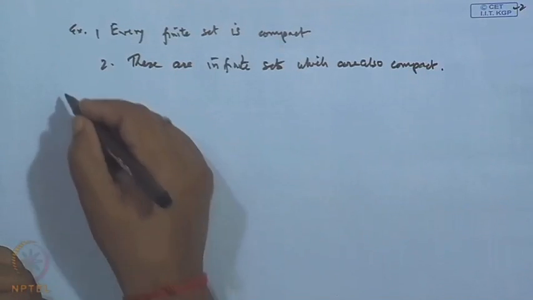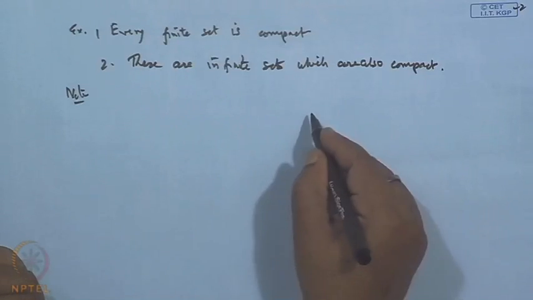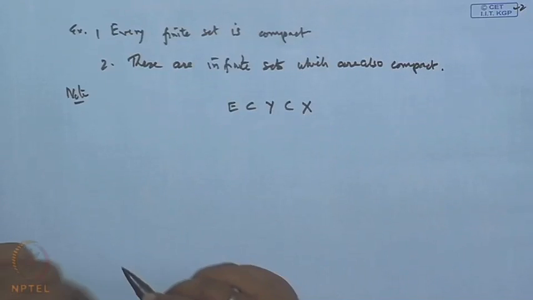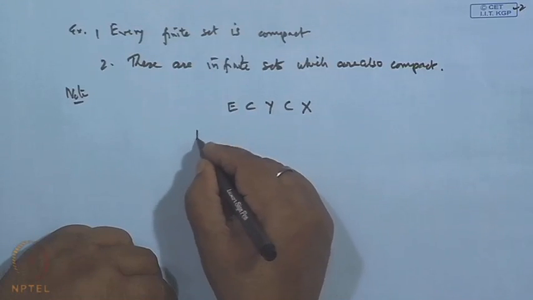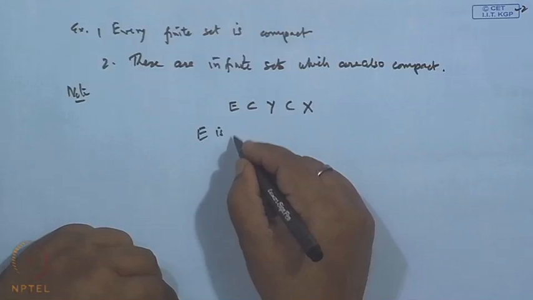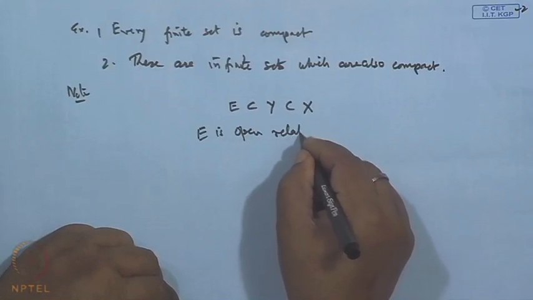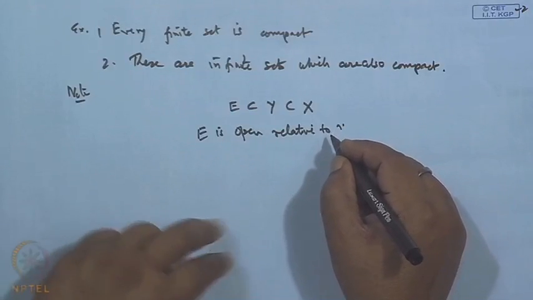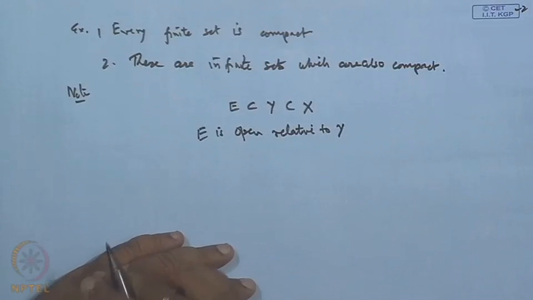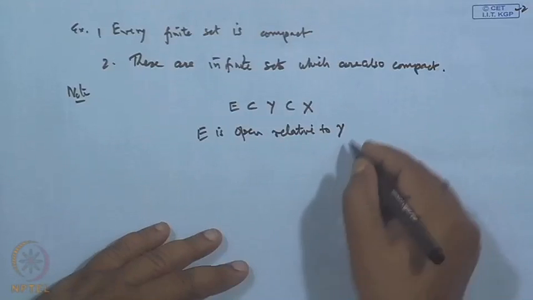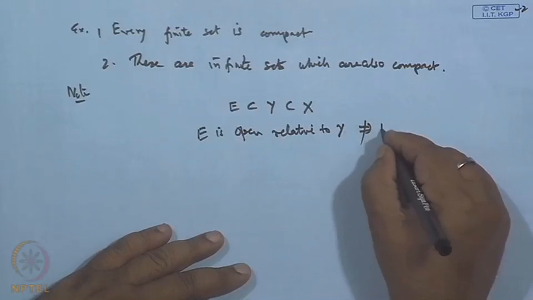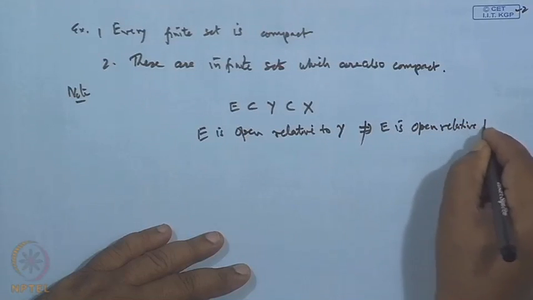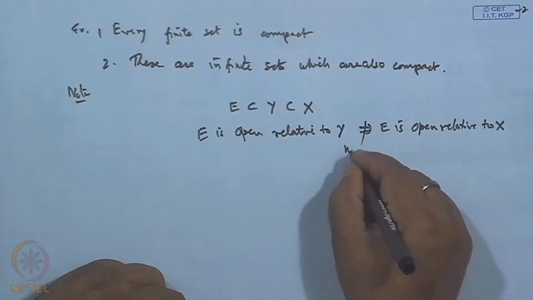Now, one thing to note: suppose E is a subset of Y which is a subset of X, and E is open relative to Y. That does not imply that E is open relative to X. Not necessarily.